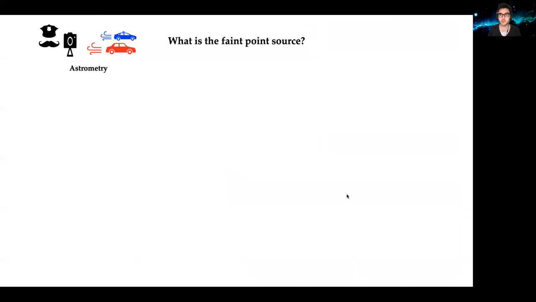So what is this faint point source? There are several diagnostics we can use to try to constrain the nature of the object. The first thing we can do is to take images at different moments to measure the relative motion of the point source with respect to the star.